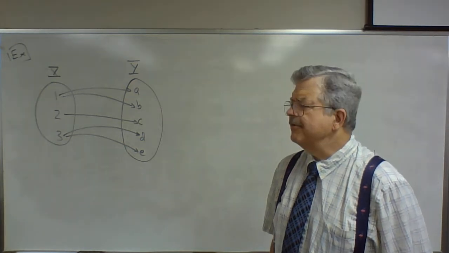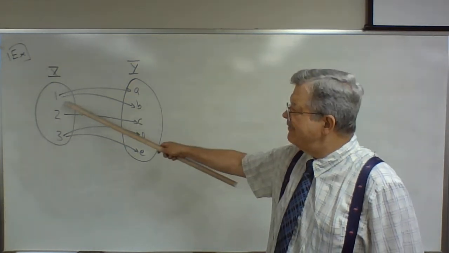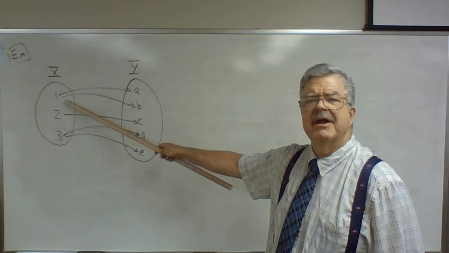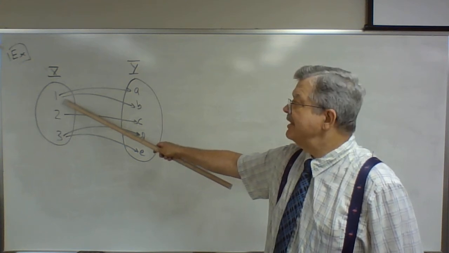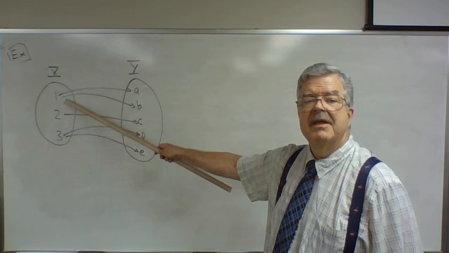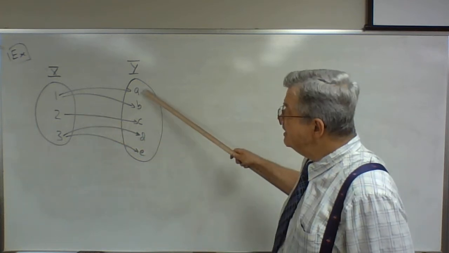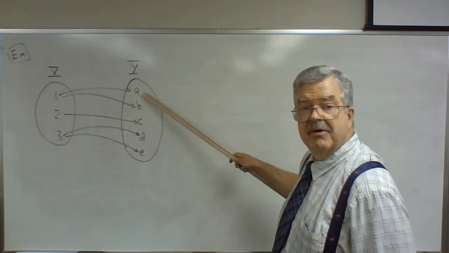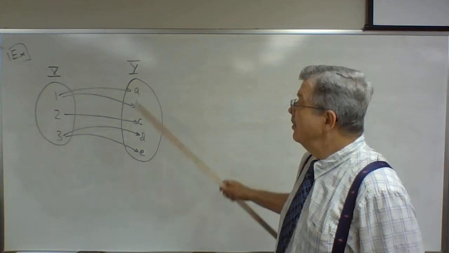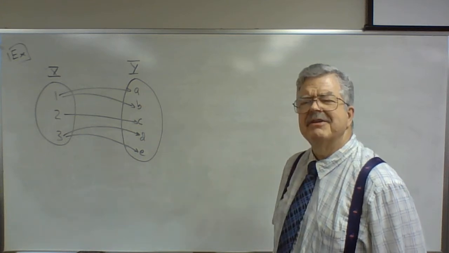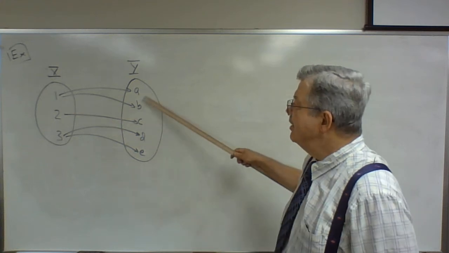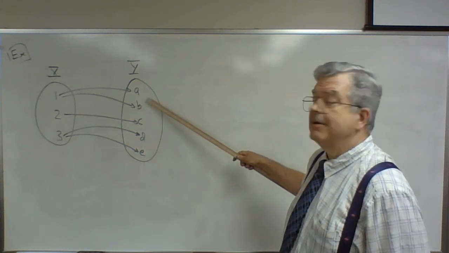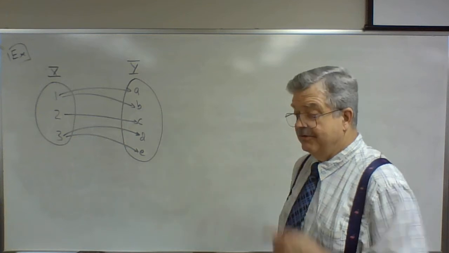Our definition of relation says that every element in the domain is assigned at least one element from the range. Our alternate definition says every element in the domain is assigned one or more elements from the range.